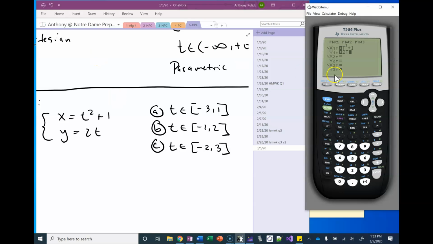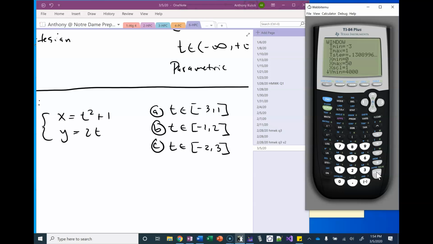All right. Next thing I'm going to do is go to my window now. So the first thing I want to do is change my t-min and my t-max to represent the interval that I'm graphing over. So for this first example, I'm going to graph over the interval from -3 to +1. So I'm going to change the t-min to -3 and the t-max to +1.